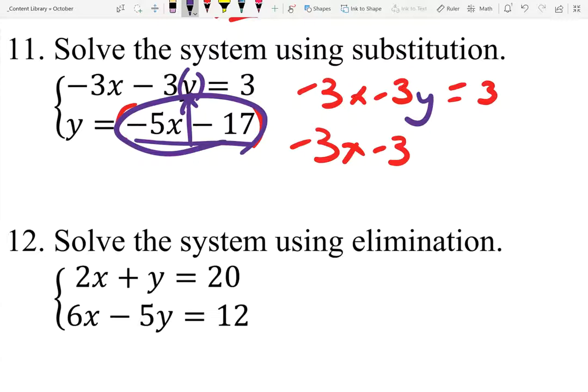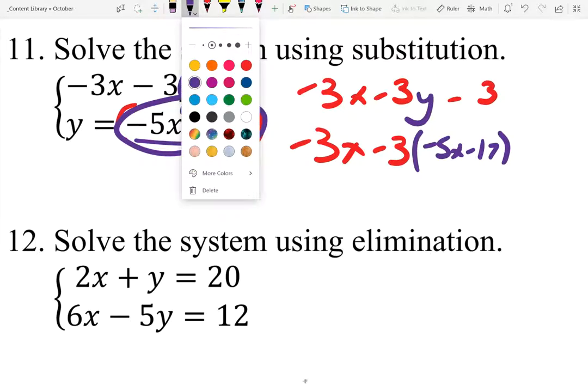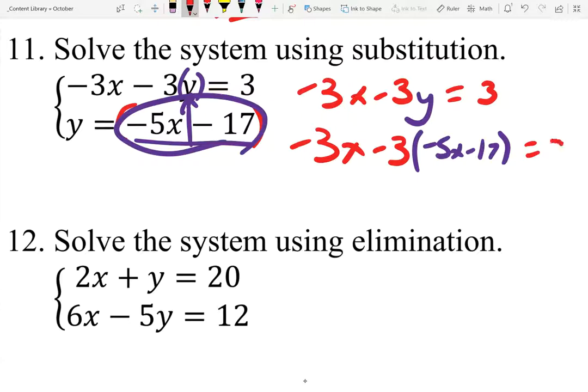So where the y used to be, I'm going to write negative 5x minus 17, equals 3. So you see, it's the exact same thing as the original equation. It's just that y has been replaced with negative 5x minus 17 because that's what y was equal to.